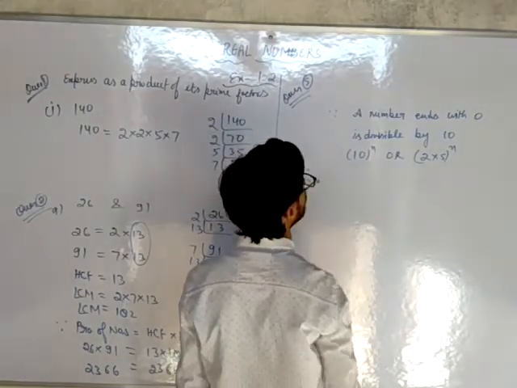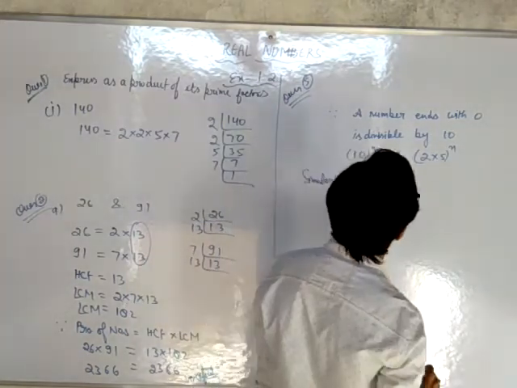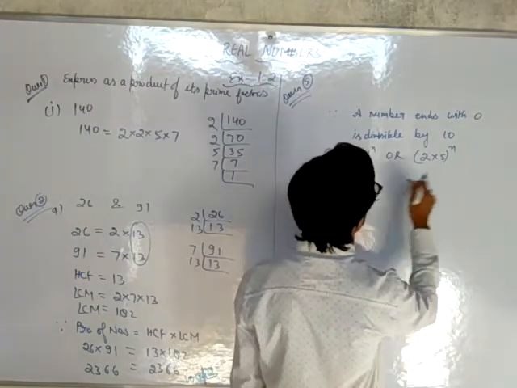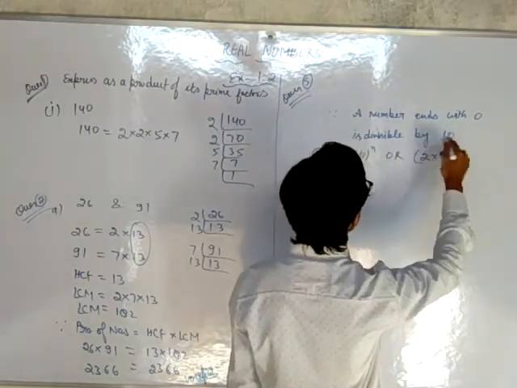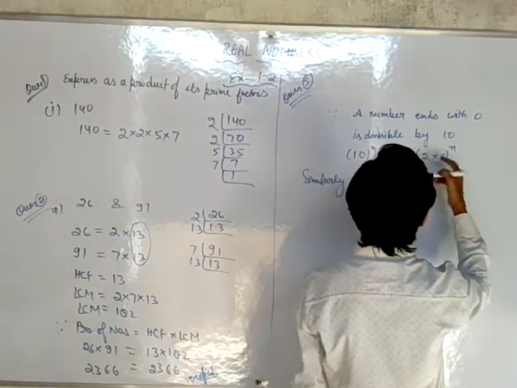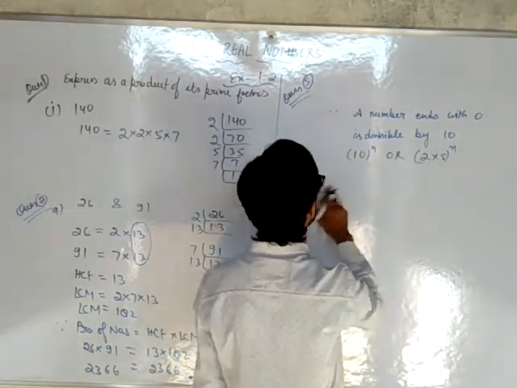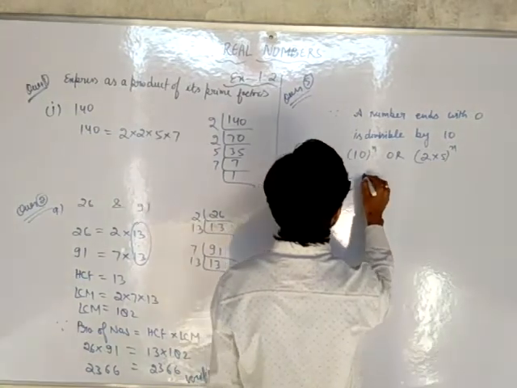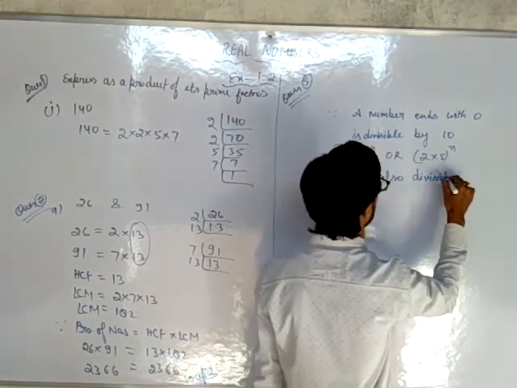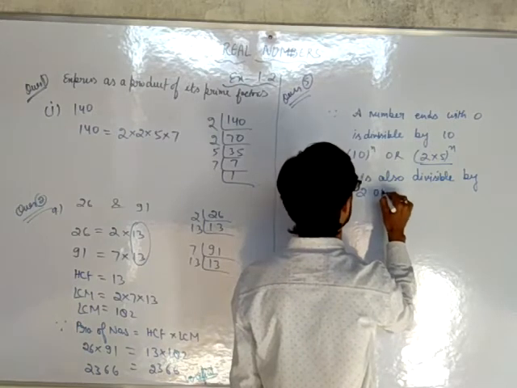Similarly, a number that ends with 0 is divisible by 10 to the power n, or 2 into 5 to the power n. So it is also divisible by 2 or 5.